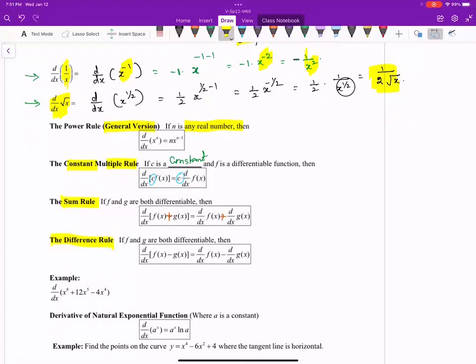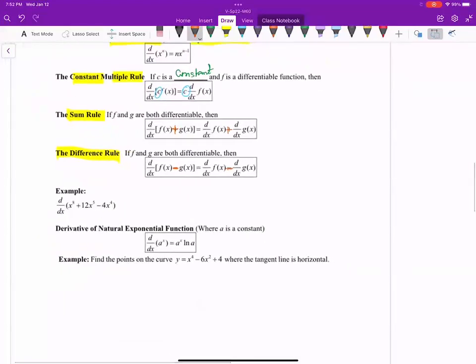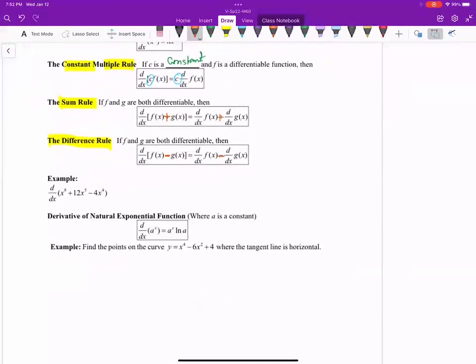If f and g are both differentiable, then d by dx of f of x minus g of x is the derivative of f of x minus the derivative of g of x. It looks as if we are distributing the derivative. That is, the derivative of the difference of two functions is the same as the difference of the two derivatives. Using this, we can solve these problems.